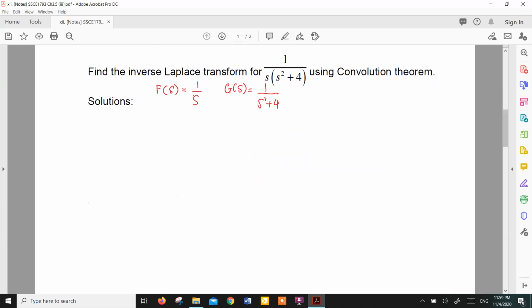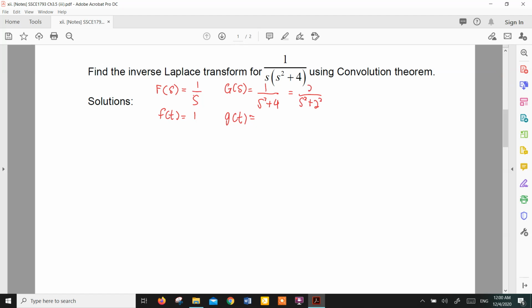Okay, then if your F(s) is 1 over s, then your f(t) is equal to 1, from the Laplace table. And your g(t) is equal to, I'm sorry, for the denominator you have s squared plus 2 squared, right?